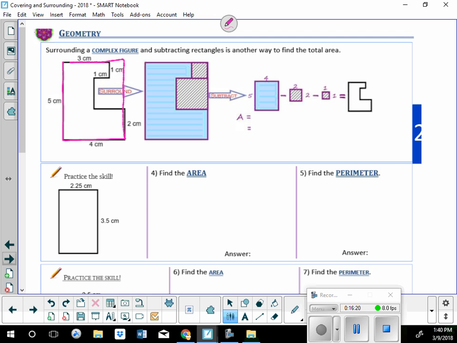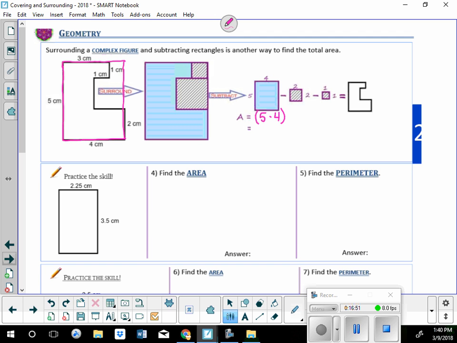And then I'm going to look at this leftover part, let me make this a little bit more precise, and I'm going to subtract that. So in all, this whole big rectangle that I have has the dimensions of 5 times 4. And from this, I want to subtract out all of those extra pieces.